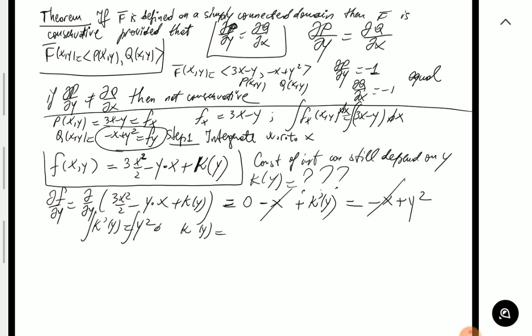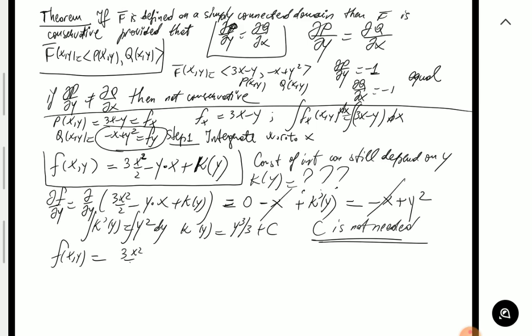So now if I integrate with respect to y, k of y is y cubed over 3, plus a constant c, but c now is actually not needed. I'm going to put it here just for completion, because the potential function is not unique, right? So the potential for the vector field F of x, y is 3x squared over 2 minus xy plus y cubed over 3 plus a true constant.